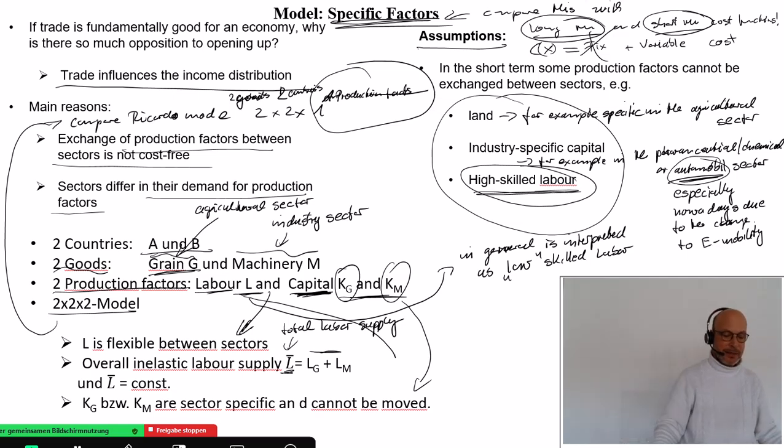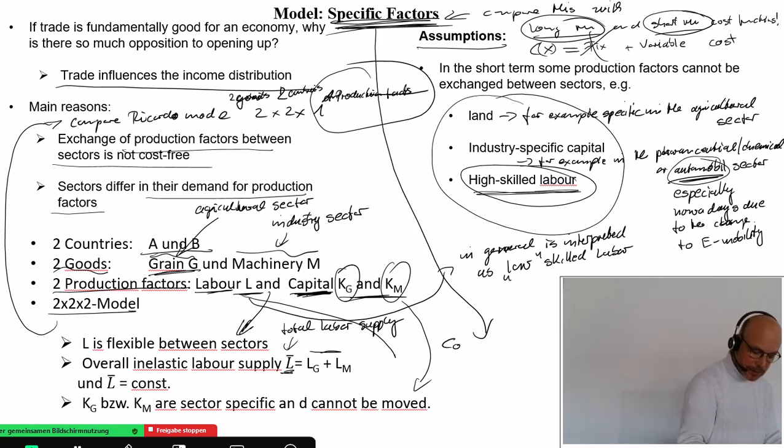And this is then a part of our specific factor model, because why? What are the costs here? When we say labor is our flexible factor and capital is our specific factor, then costs equal wages times labor, flexible, plus interest rate times capital.